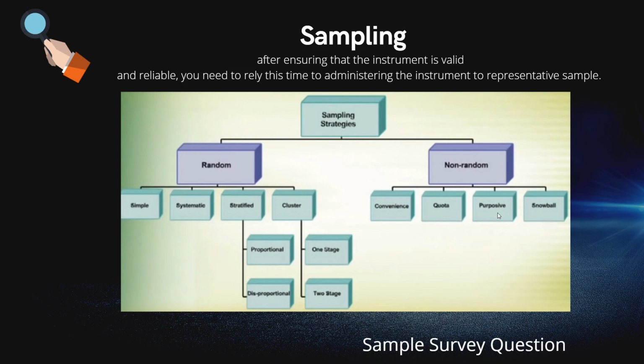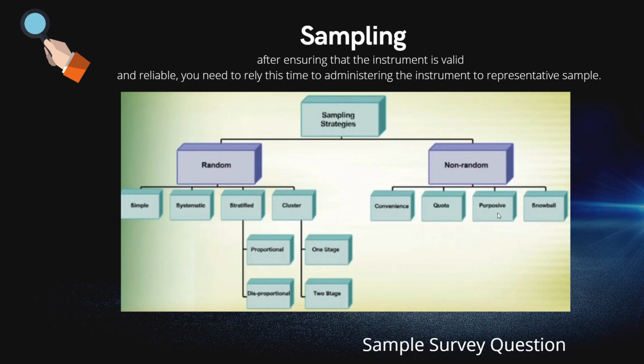Snowball, on the other hand, is more like looking at someone very close to you first and then getting referrals from that person. It's like a snowball, because when it rolls down from the mountain, it becomes bigger and bigger, right? So you start with convenience sampling, and as you collect more information, you ask for referrals, and then you have a larger set of samples.